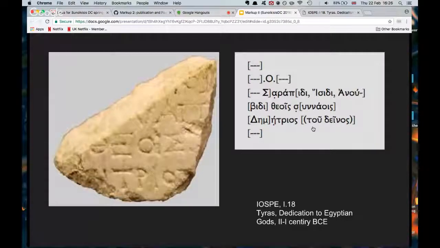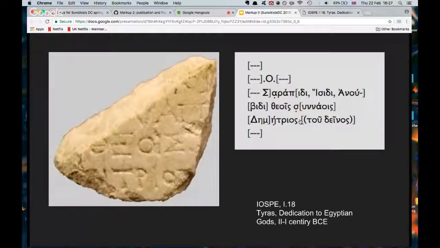So this is a case where we have a part of the name Demetrios, but we don't have the rest of the name. So here it may have said who his father was or where he was from or something.